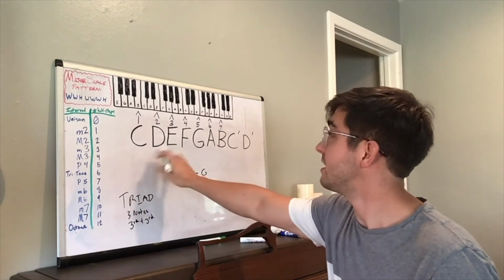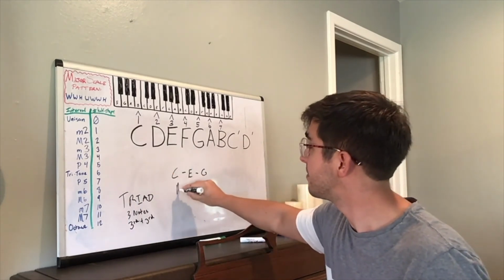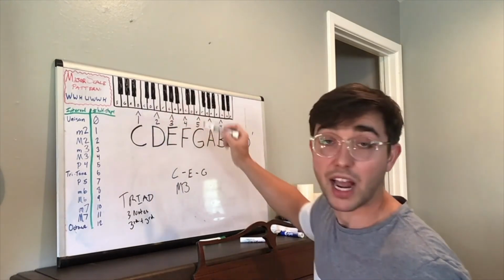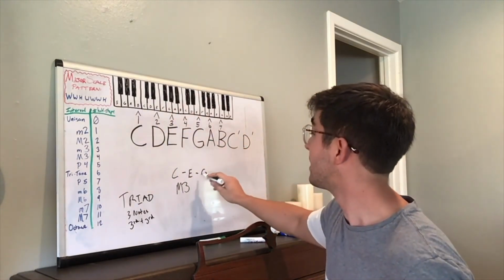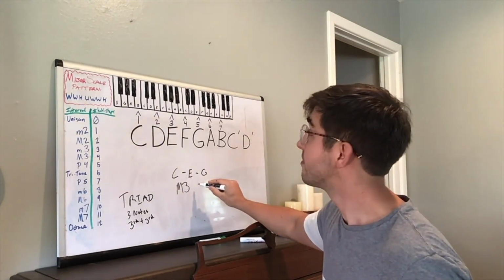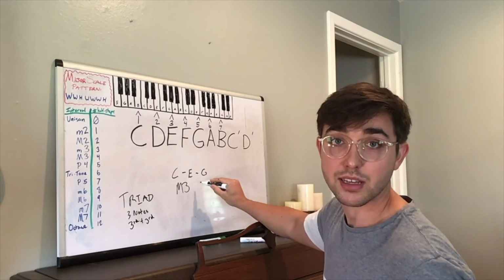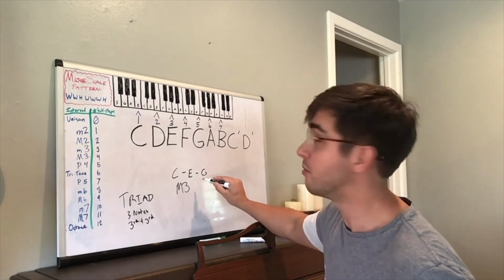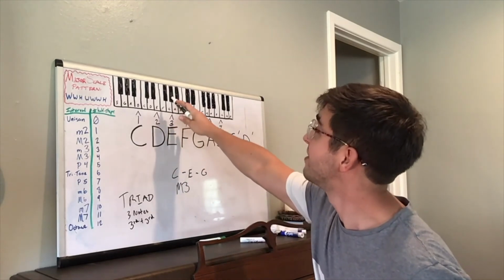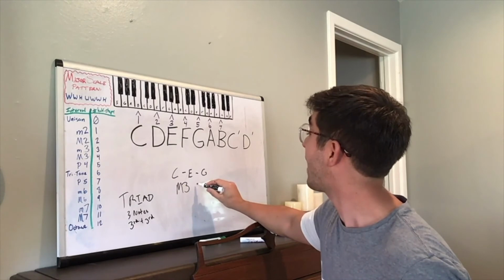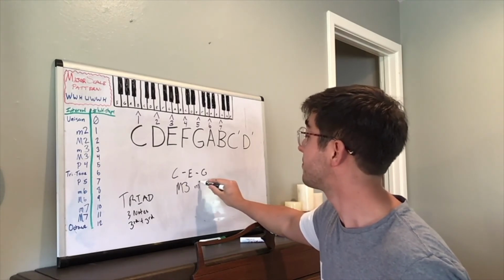So C to E, that's a major third, because that is, again, 1, 2, 3, 4 half steps. Going from E to G, then we get, I'm gonna give you a second. Sorry, I keep waiting to hear you, but I don't. We have 3 half steps, and that means it's a minor third.